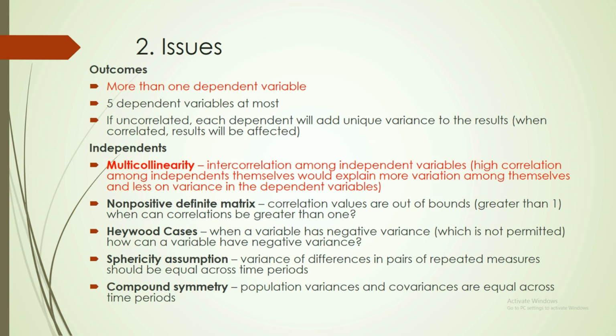And this problem is solvable by keeping the number of outcomes lower than 5. Now, the correlation amongst the outcomes is a problem because it's difficult for us to see how the variance of each of the outcome variables is distributed amongst the outcomes if there are too many variables.